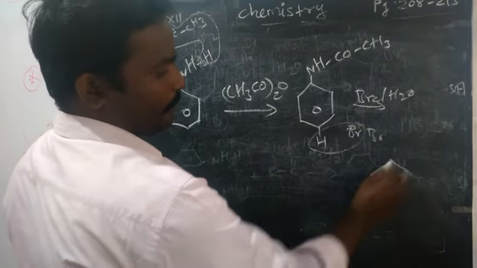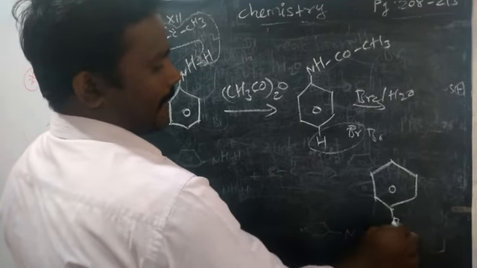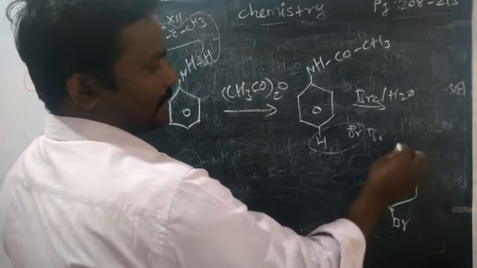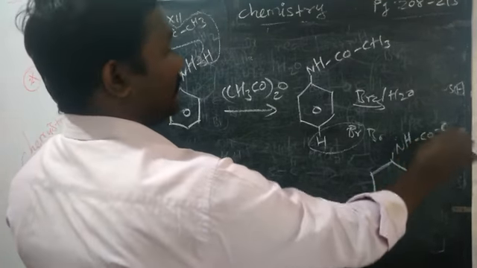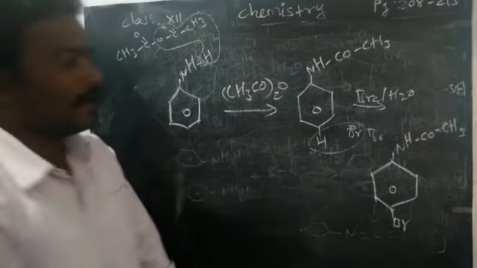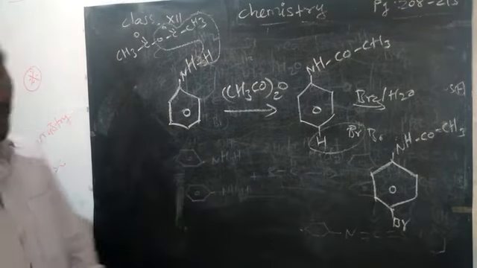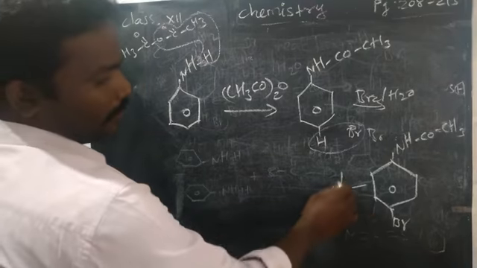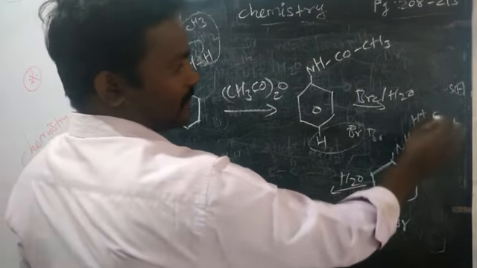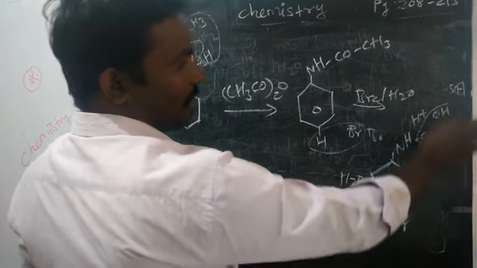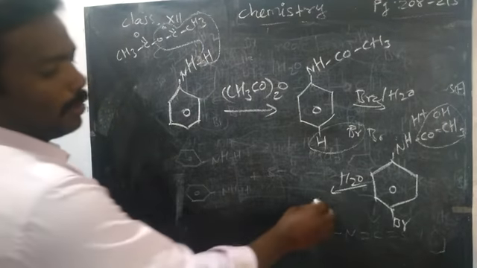So the product you will get is para-bromoacetanilide, which is having special name acetanilide. Okay. But we want only bromination of aniline. No, if you use water, that water will ionize H plus OH minus. This OH will combine with CH3CO group. Acetic acid will go out.